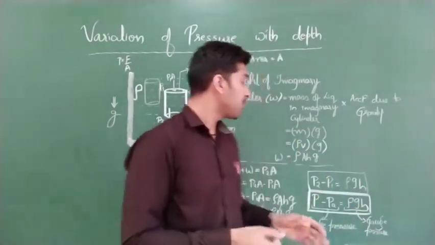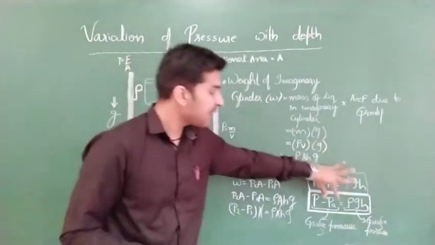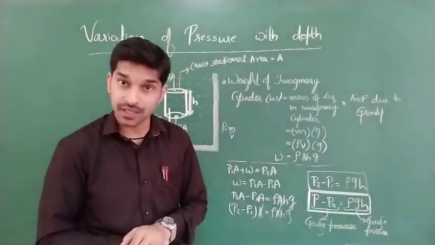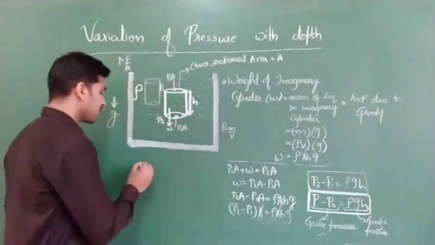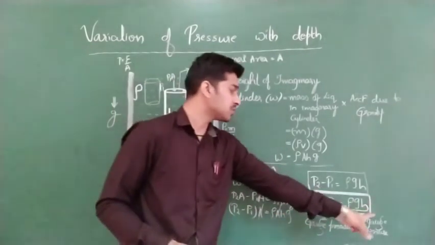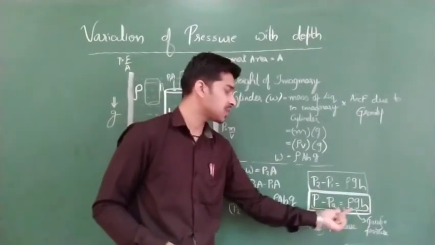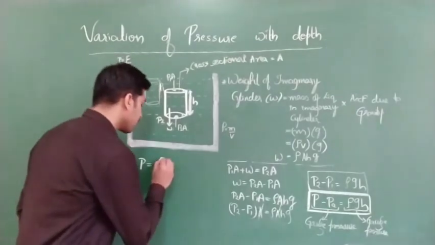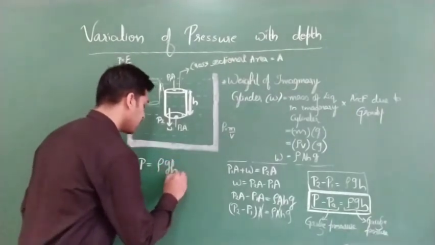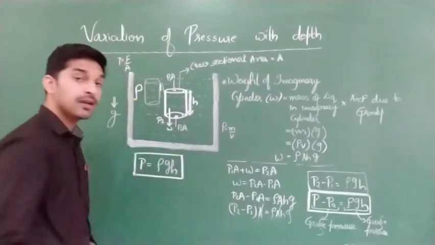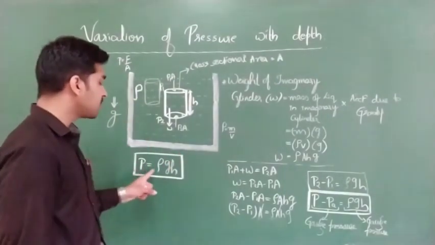So when we consider PA equal to 0, that is in the absence of atmospheric pressure, initially we have P minus PA is equal to rho GH. If PA is 0, then P minus 0 is P. So P is equal to rho GH.